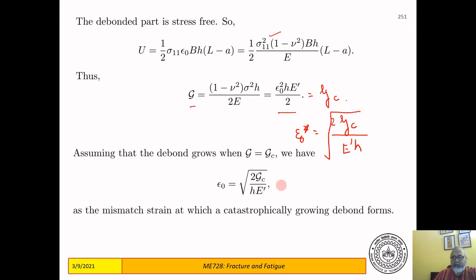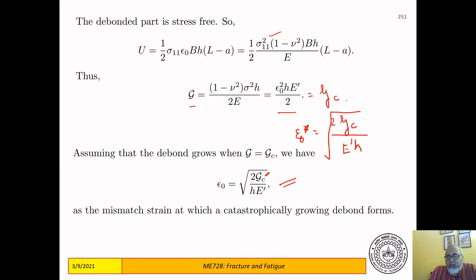So this is your epsilon naught that you can give to the film so that it does not propagate, given that you have experimentally determined the value of GC at the film substrate interface.